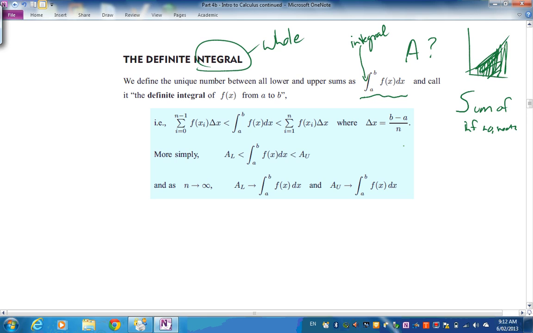That stretched out S. And what's the symbol here? We're integrating from a to b, so that tells us the interval for which we're calculating the area under the curve. And this is saying I have to multiply the function value by the width, but we're not doing it here. This is reminiscent or symbolic of that process.